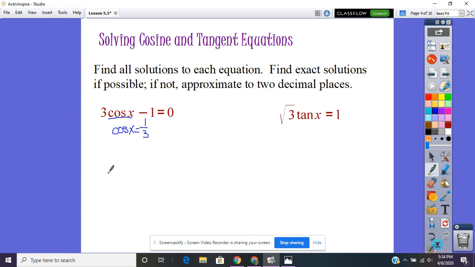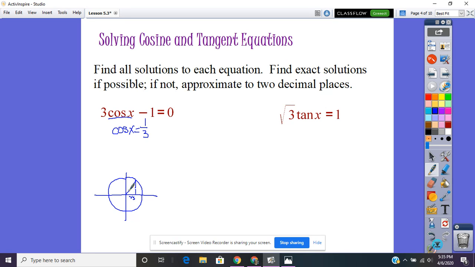So we're going to visualize our circle here. Cosine is our x value. So let's draw our circle in here. We're going to draw this triangle here and just assume that this right here is 1/3, because that's our cosine.